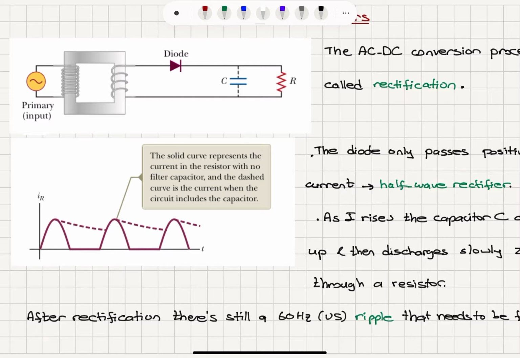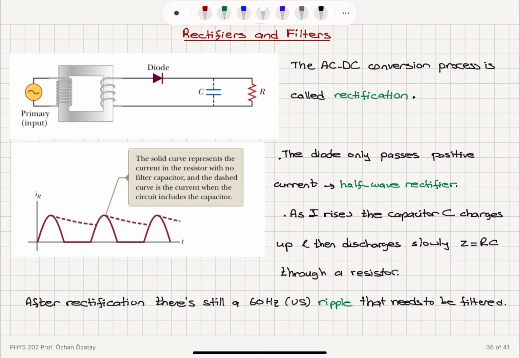So basically the output will look like this. We will have this with the capacitor and the resistor in place. For obvious reasons, this is called the half-wave rectifier, because half of the wave is cut, and we have charging and discharging of the capacitor, causing a signal that looks like DC, but it has this ripple on it.